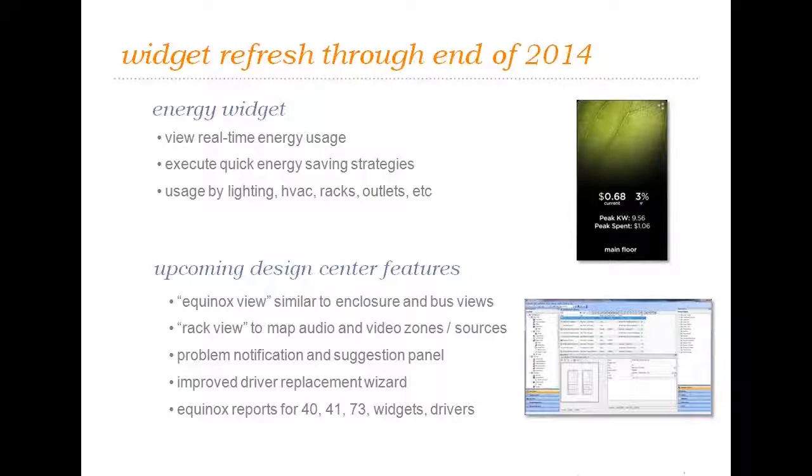We'll also see energy consumption from the HVAC system. And then we're working with some of our partners at Middle Atlantic and with Panamax Blue Bolt to also take a look at rack consumption and display that as well. So you'll see that coming out towards the end of the year, and it will make the 13th widget available to the overall Equinox environment.